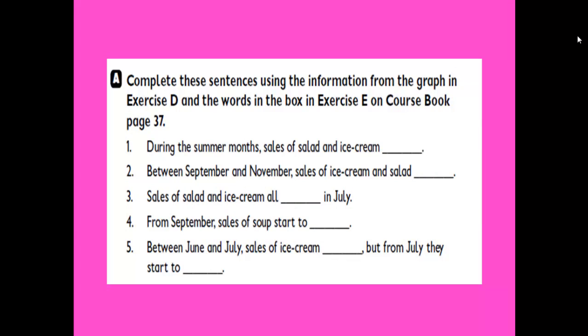Now we have practice number A in our workbook. Complete these sentences using the information from the graph in exercise number D and the words in the books in exercise number E on course book, page number 37.